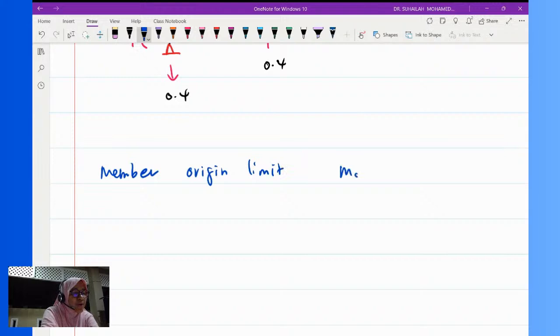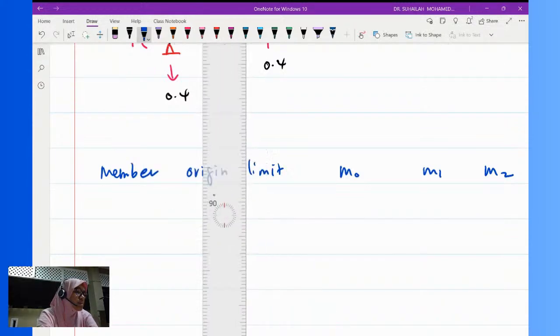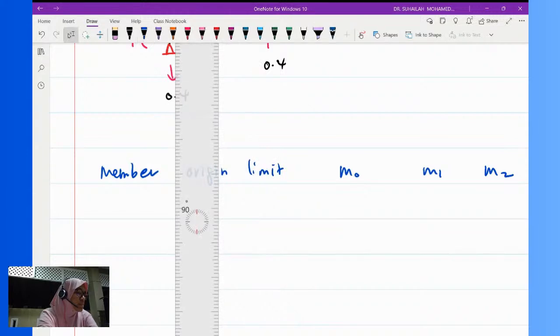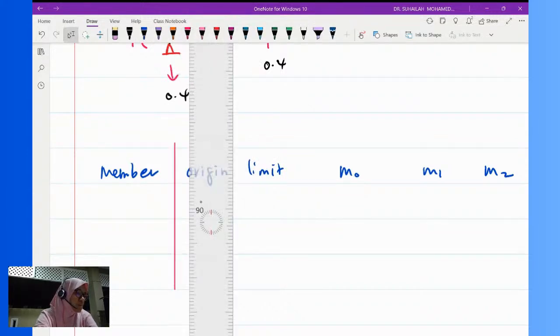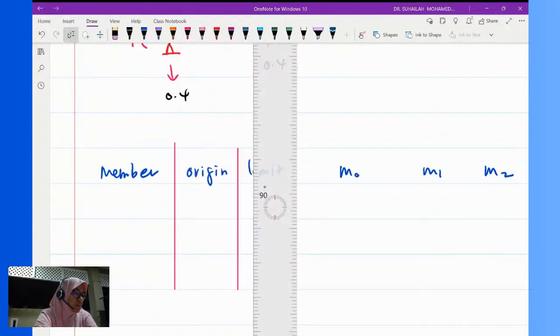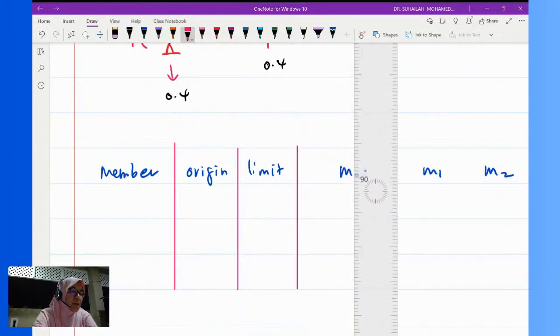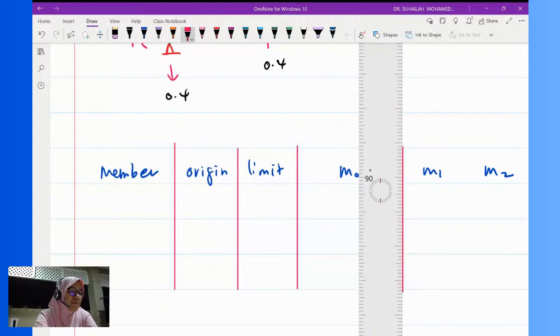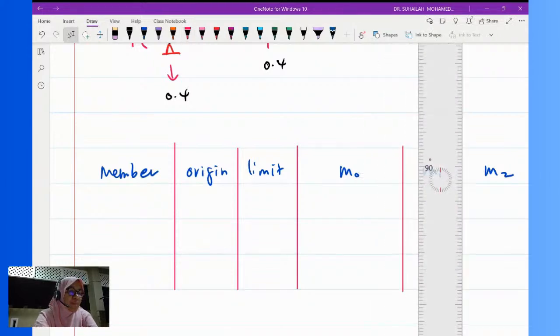We have M0 from the primary frame, M1 and M2.